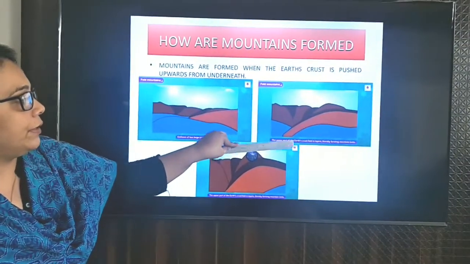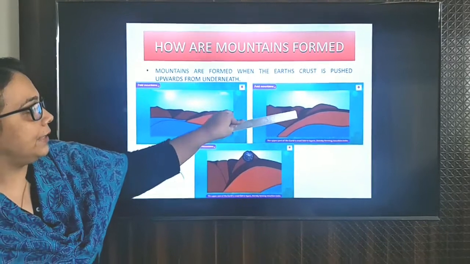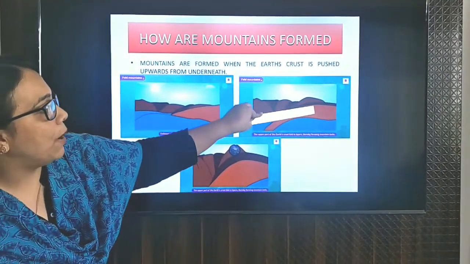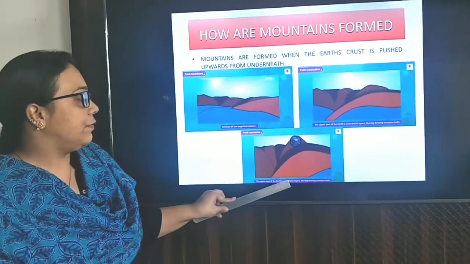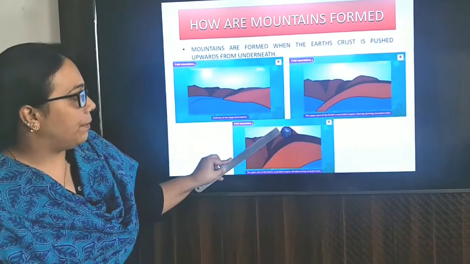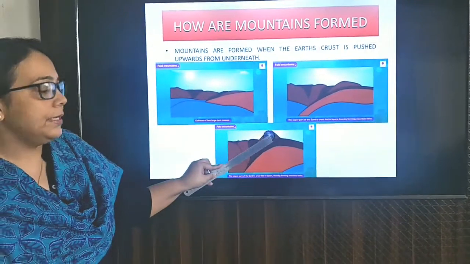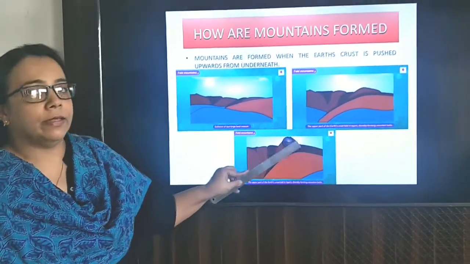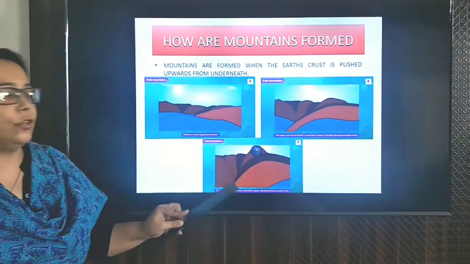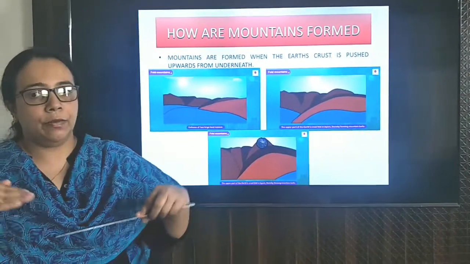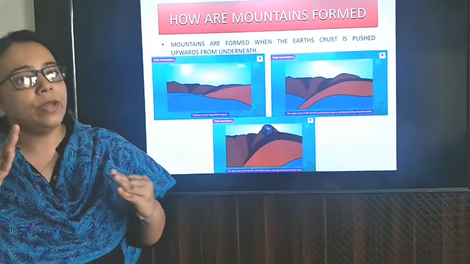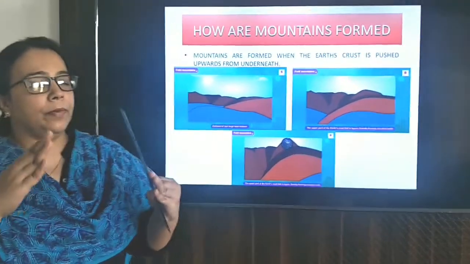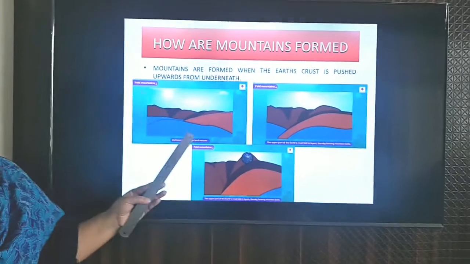The upper part of the Earth's crust folds in layers, thereby forming mountain belts after so many years. It takes so many years to form a mountain.